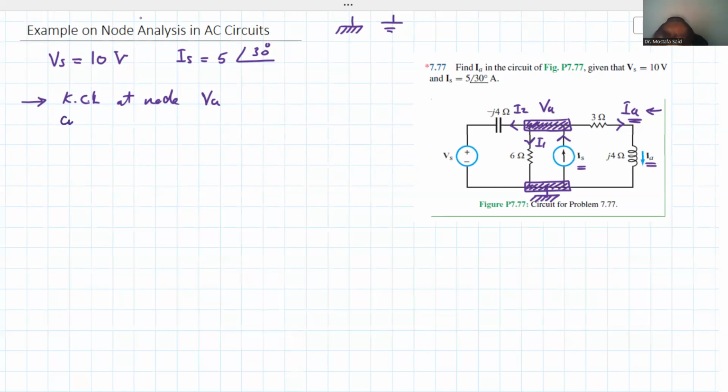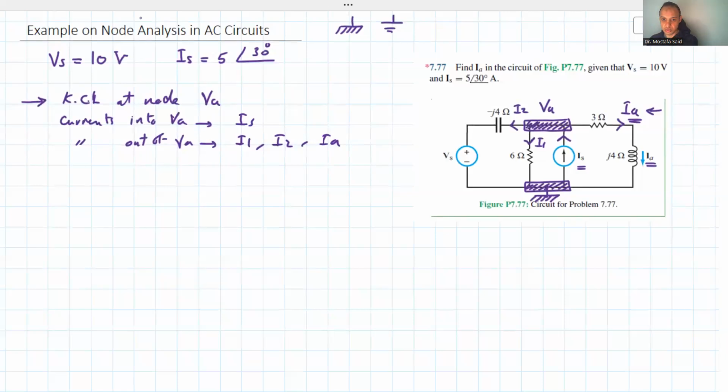The current going into VA is basically IS, only IS. The currents going out of VA are three: we have I1 going out, I2 going out, and IA going out. All of them are going out.